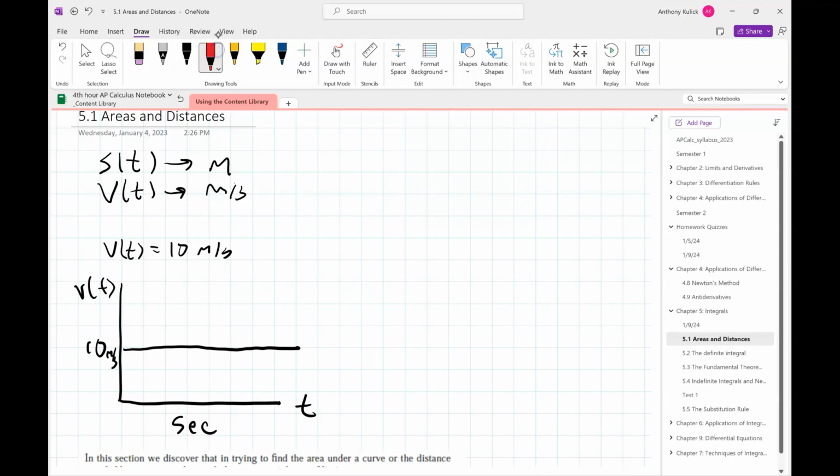If I'm interested in how far we go in, say, 3 seconds, I can do my antiderivative and just assume that if I'm asking how far we go, that's a displacement. So even if I have to tack on a plus c, it's going to be like 3 times 10 plus c minus 0 plus c. So the c's are just going to cancel out, so I'm just going to ignore them.